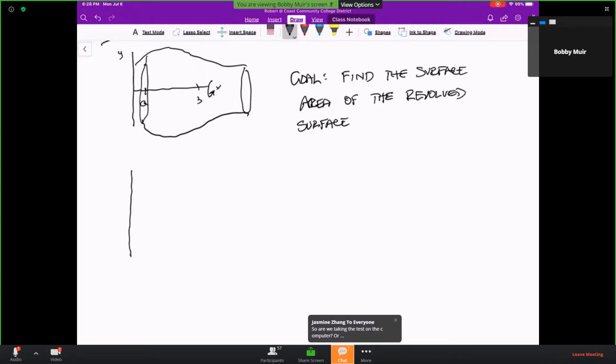So obviously we're going to partition up, and we're going to do some stuff here. If this is x_{i-1} and this is x_i, and let's say that the function does this. When I revolve around this, I'm going to get something that looks like this, maybe a little bit further down.